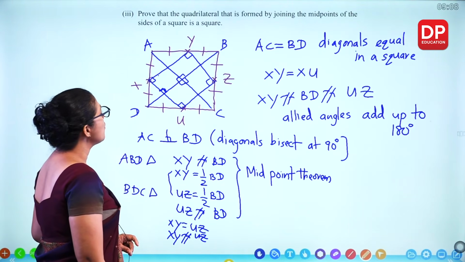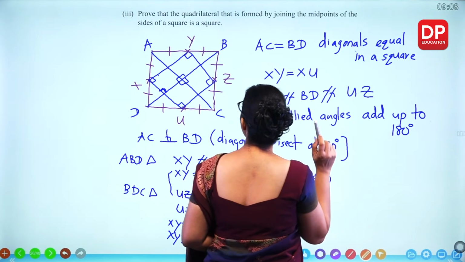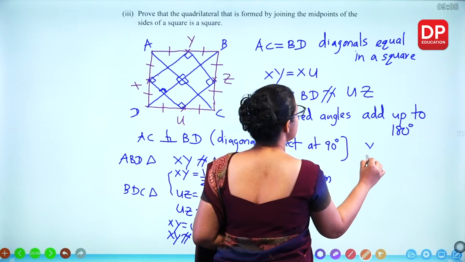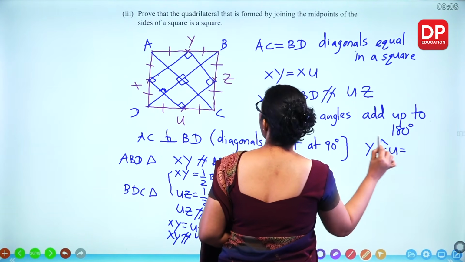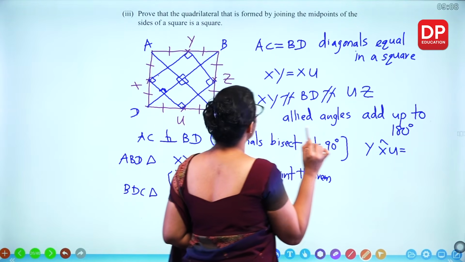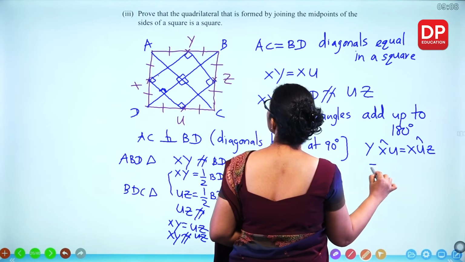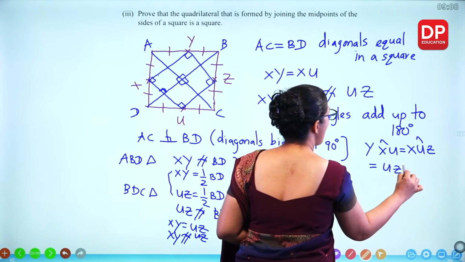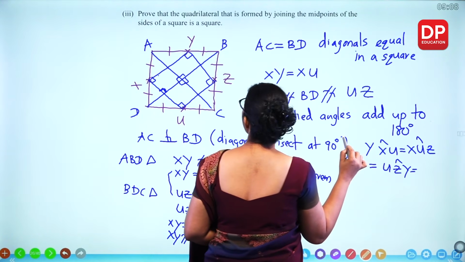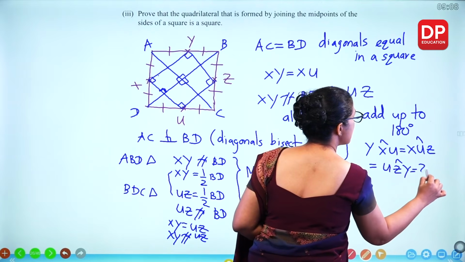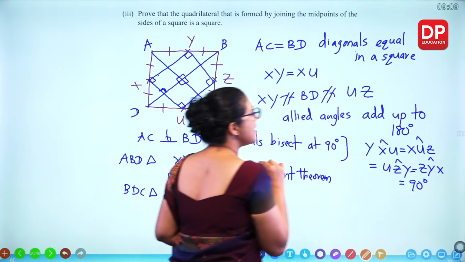So we can show that all angles are 90 degrees. So we can say YXU and XUZ and UZY as well as ZYX, all angles 90 degrees.